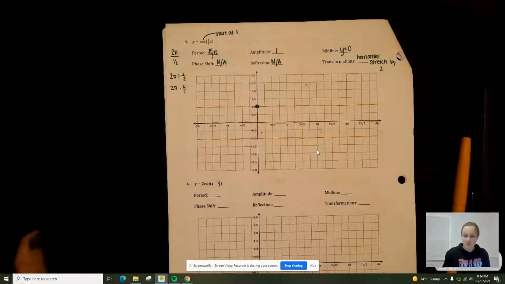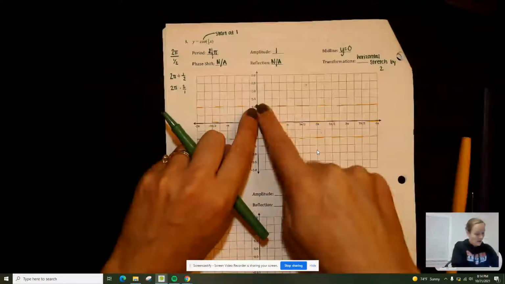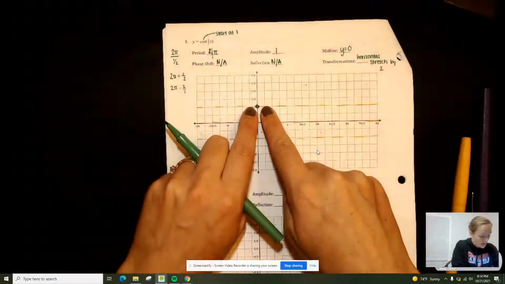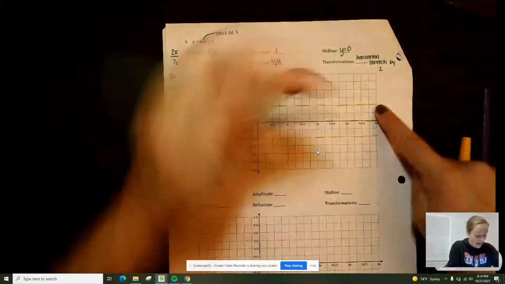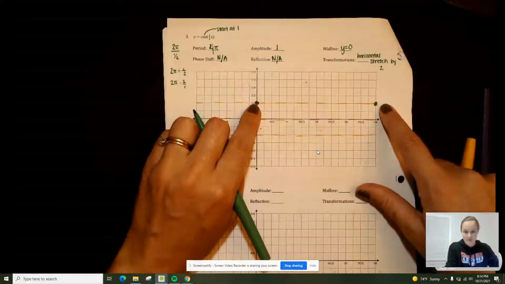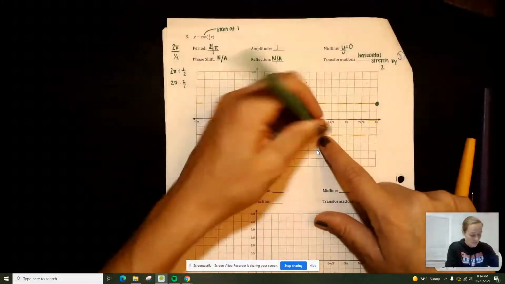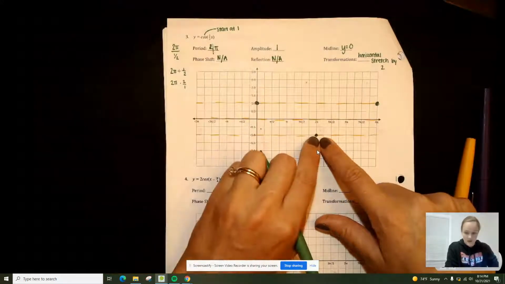And then I know my period is 4 pi. So after 4 pi, I get the exact same spot. And those are 2 maximums. Smack dab between 2 maximums is a minimum. There it is.